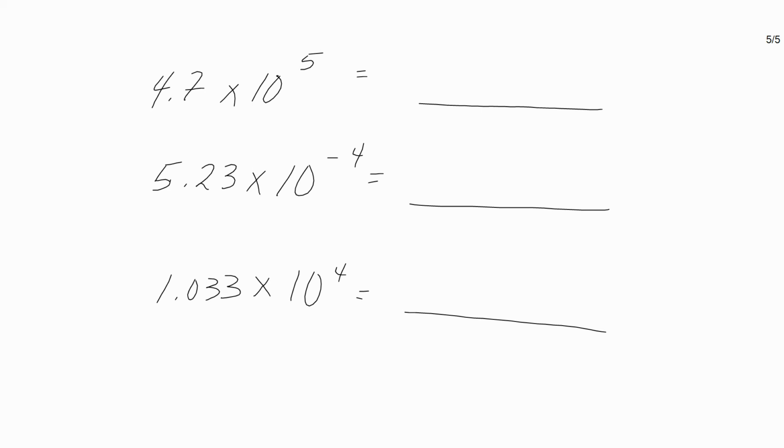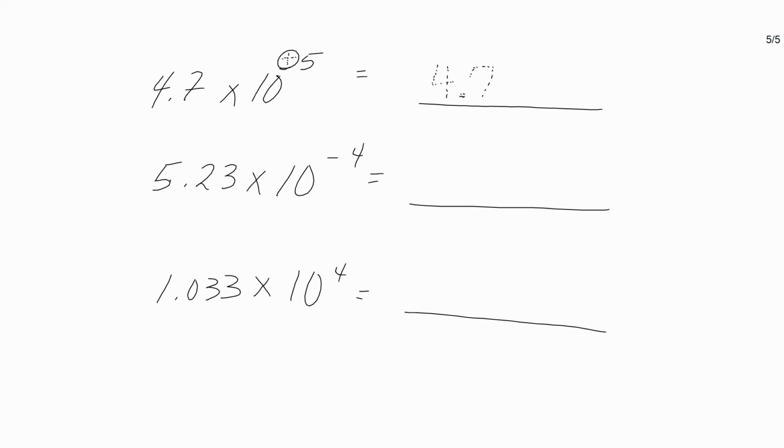Okay, so I'm going to put a dash, 4.7 right here. And then I'm going to move the decimal 5 places. And what's in front of that 5? A plus or minus? It's a plus because nothing's there.